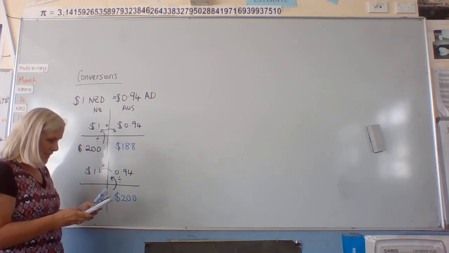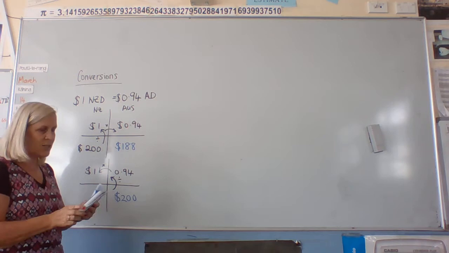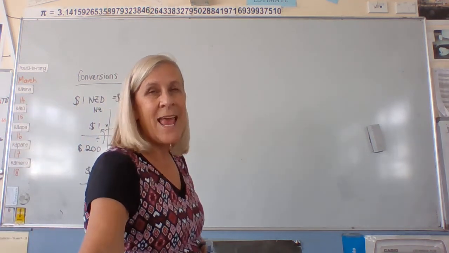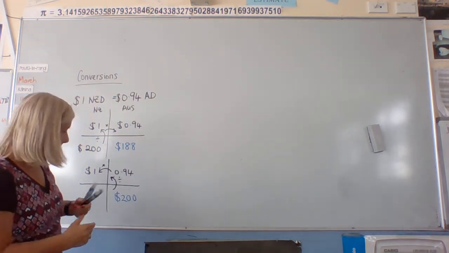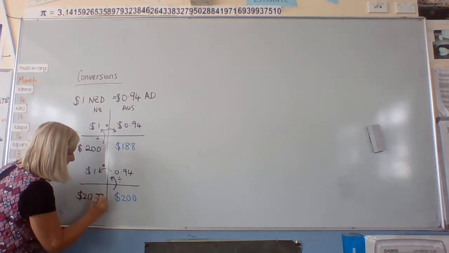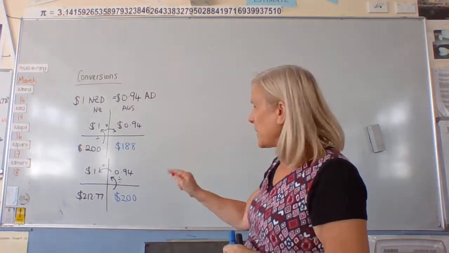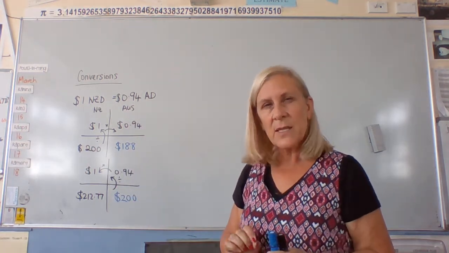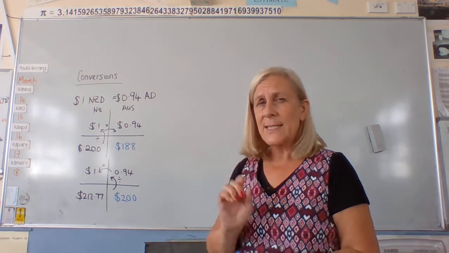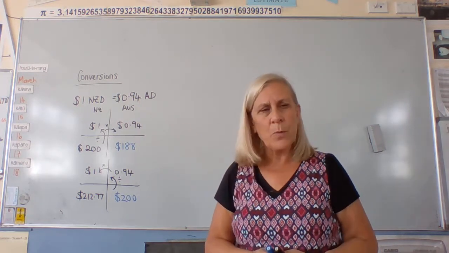So 200 divided by 0.94, and I know that multiplying by 1 doesn't change. So I'm going to get $212.77. And because she's going to send it through the internet, I am actually going to get my 77 cents. I'm not going to round it up or round it down since it's to 2 decimal places. So you can see that that sort of table works.